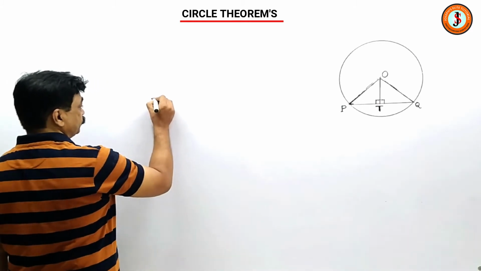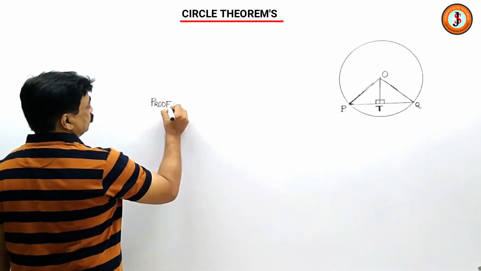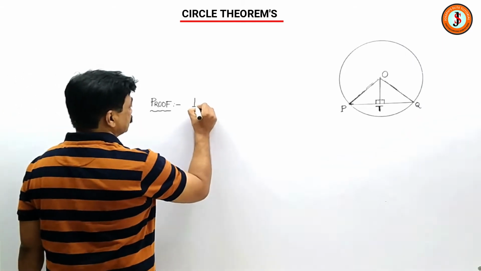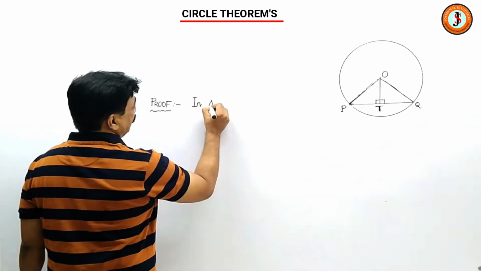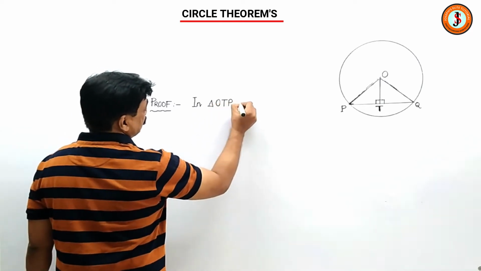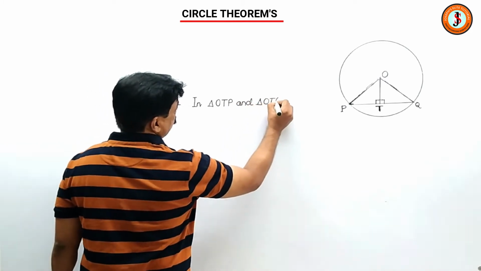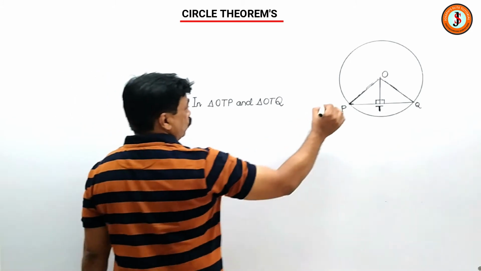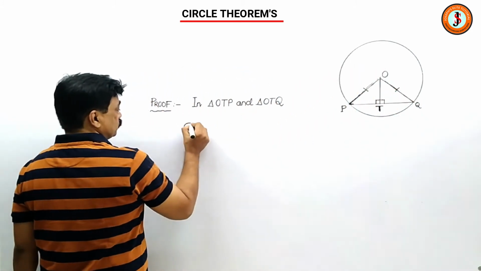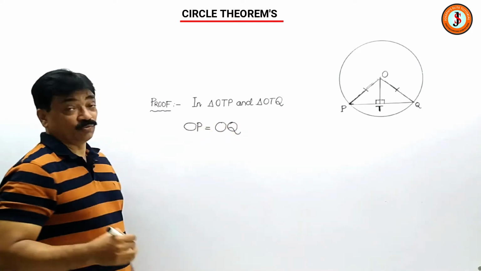Proof. In triangle OTP and triangle OTQ, OP is equal to OQ. Why?